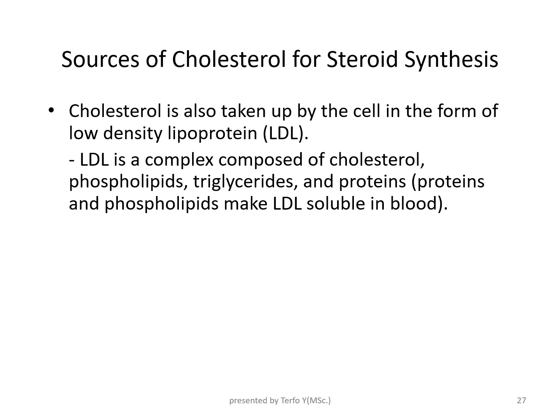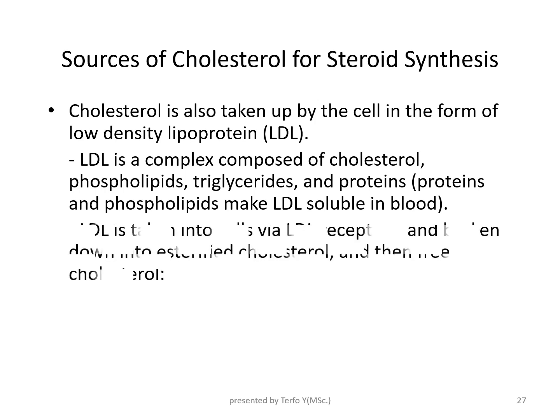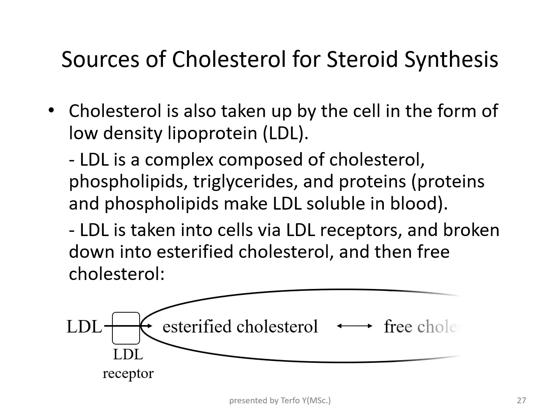The protein and the phospholipid make low density lipoprotein soluble in our blood. It is taken into the cell via low density lipoprotein receptors and broken down into esterified cholesterol. Then free cholesterol can be released. So LDL is converted to free cholesterol by using these esterified cholesterols.